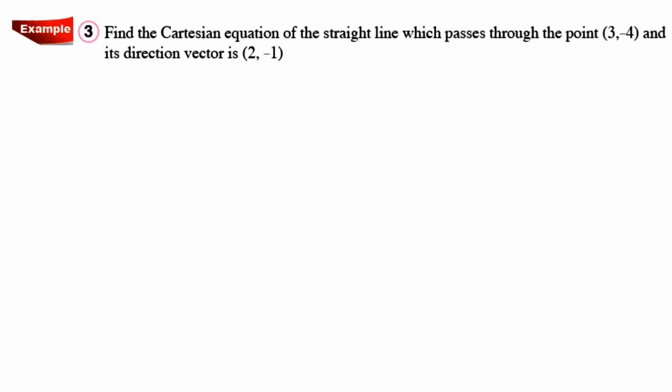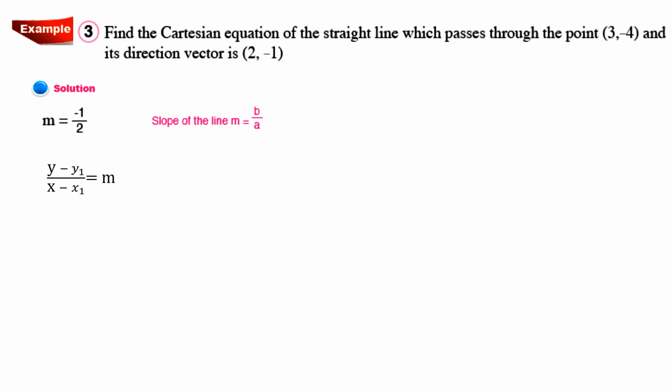Example, find the Cartesian equation of the straight line which passes through the point 3 and negative 4, and its direction vector is 2 and negative 1. So we have m equal negative 1 over 2 from direction vector. So we can use the rule of Cartesian, slope m equal b over a.